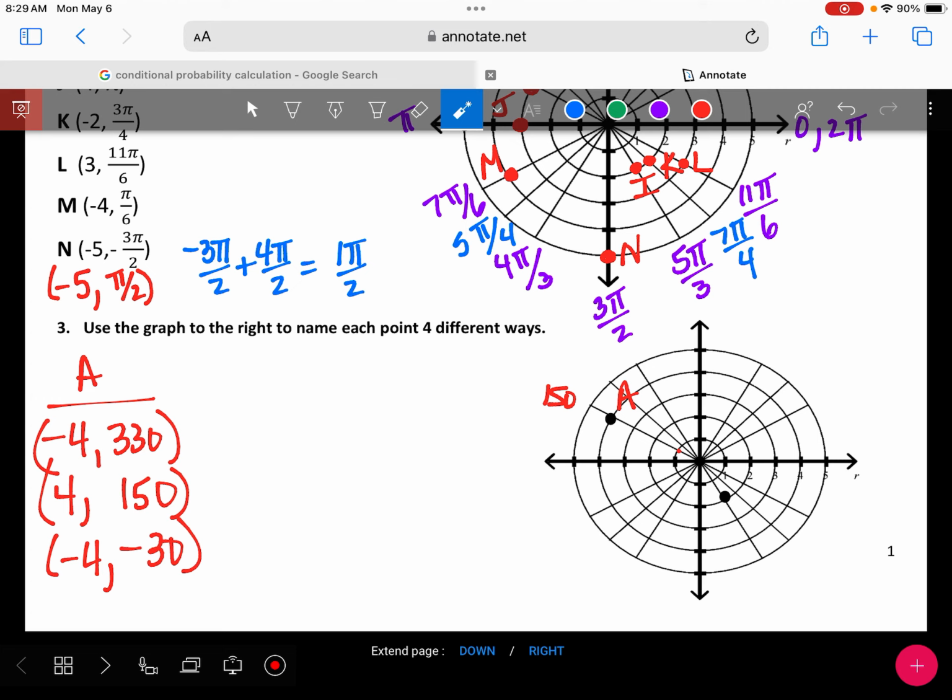Abby? 4 and negative. Oh, sorry. Let's see how that would work. I always got to write it first. Okay, so negative 330. Okay, where is negative 330? Negative 330 would be, well, no. Negative 330, so this would be positive 330.